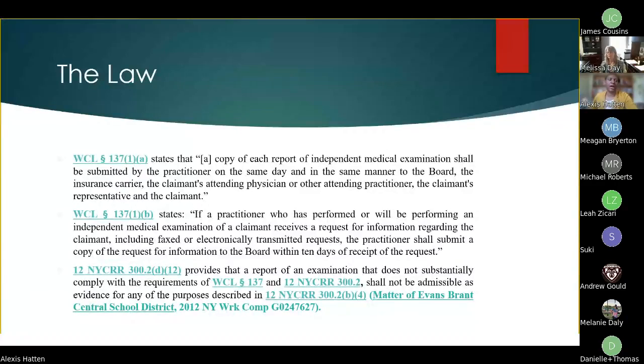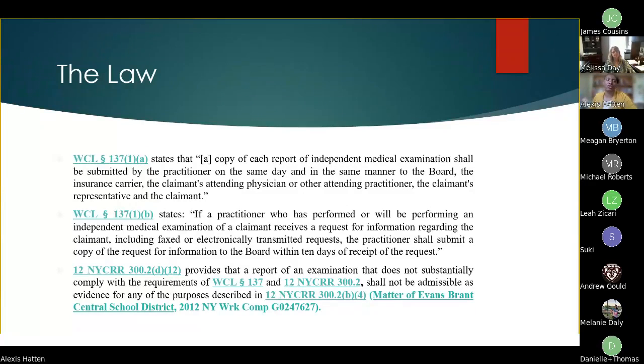So the law, 137, 1A, copy of the report has to be submitted same day, same manner to all parties. We all know that. 137, 1B, any copies of request for information, the practitioner shall submit a copy of the request for information to the board within 10 days of receipt.